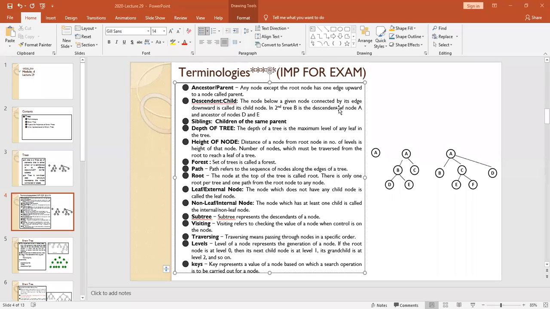In the second example, the path is AB and BD. So which are the nodes you are going to visit apart from source and destination? Source is A, D is the destination. So which are the visiting nodes? Apart from A and D, the visiting node is B. So that will be the value. Okay.